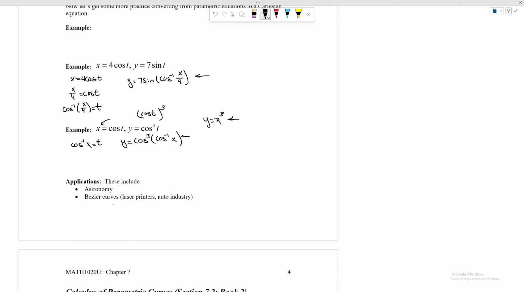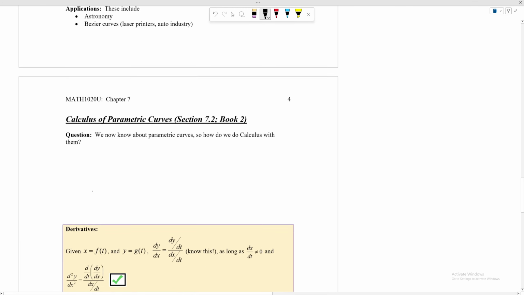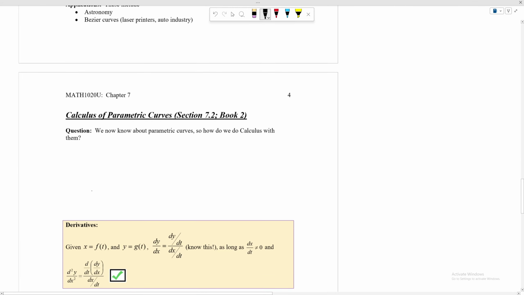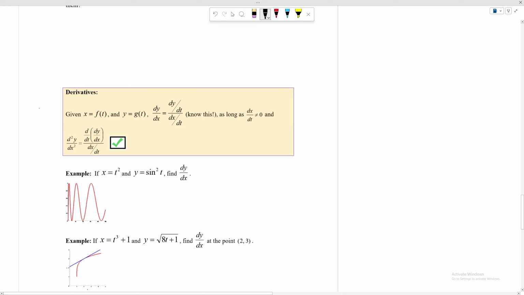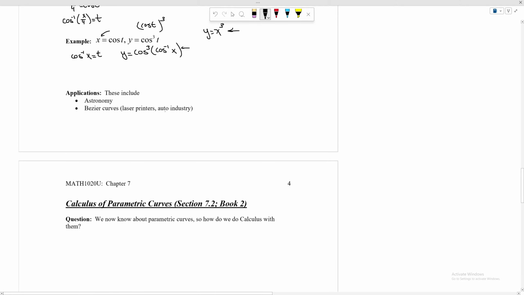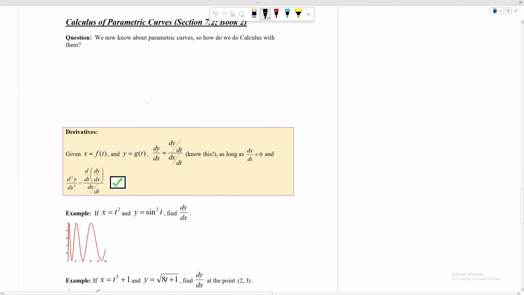Capish? We now know about parametric curves, so how do we do them with calculus? Nice question. If you want to find the derivative of a parametric equation, what you'll have to do is your dy over dt, so your y in terms of t's derivative, divided by your x in terms of t's derivative, and that's about it.